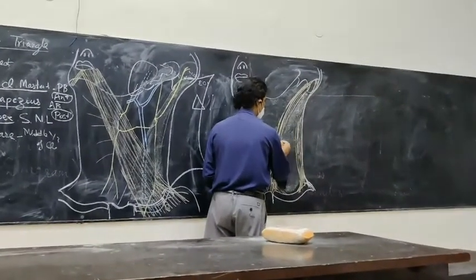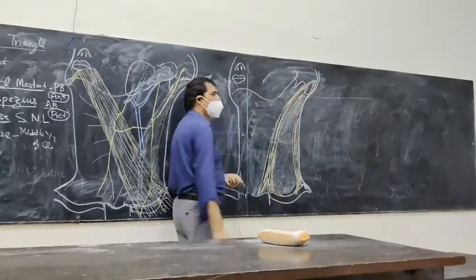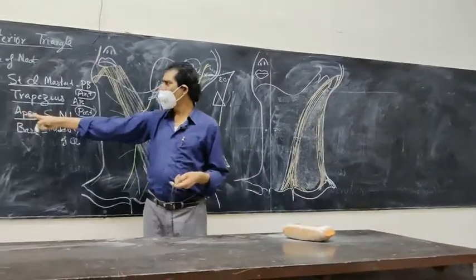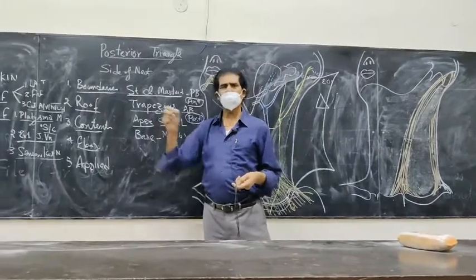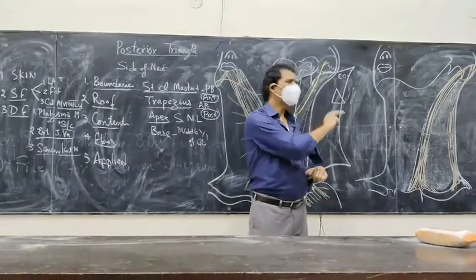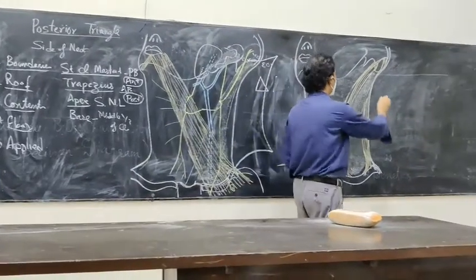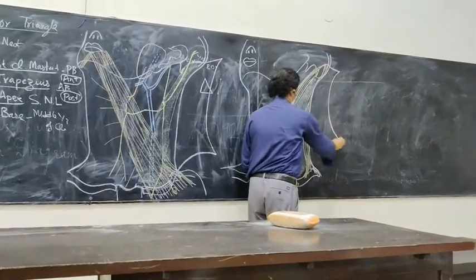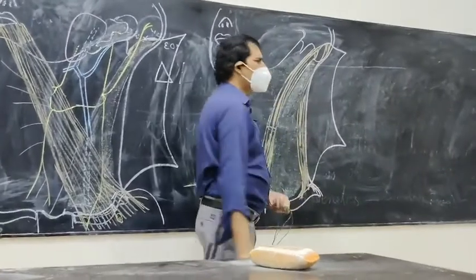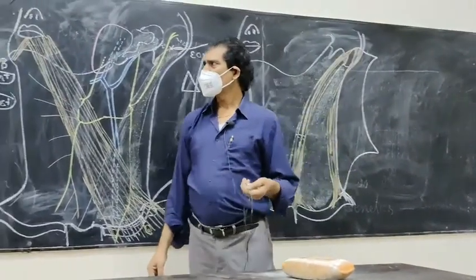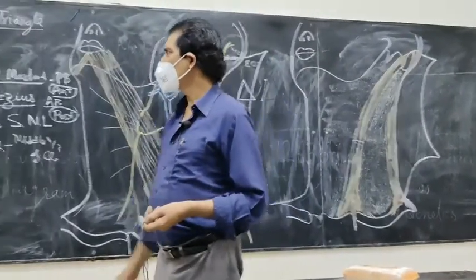In between the two muscles, it forms the roof of the posterior triangle. So this is the roof. The skin and the superficial and deep fascia form the roof of it.